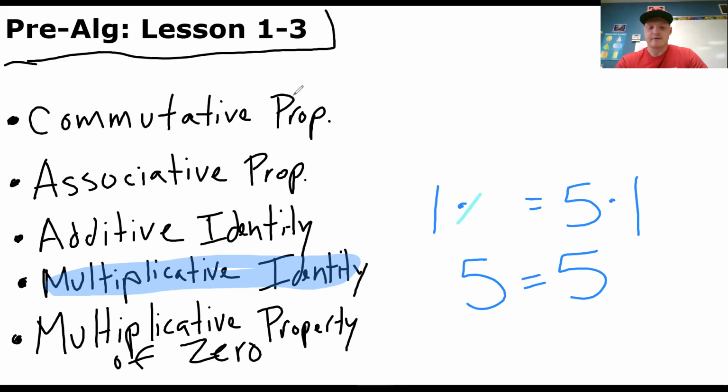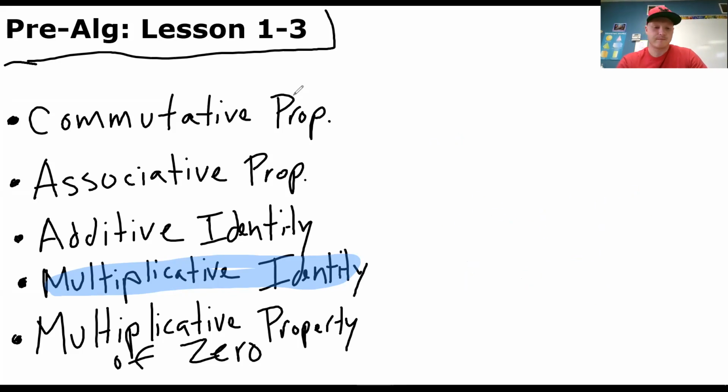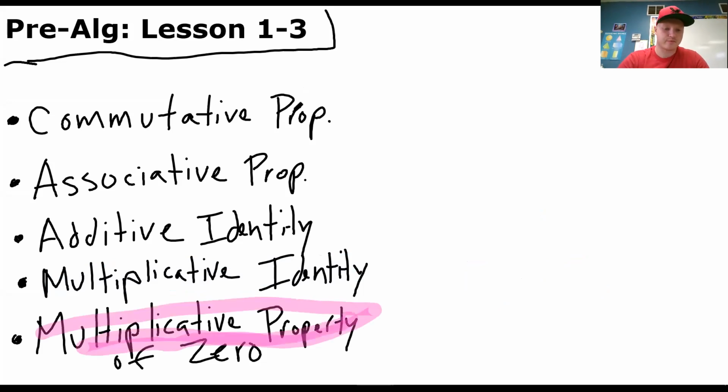And then we have the multiplicative property of 0. That one's pretty basic, just like the last two we've done.